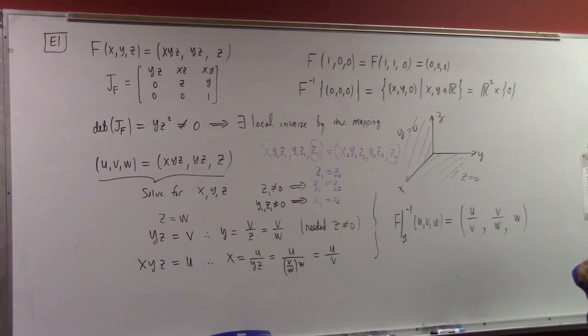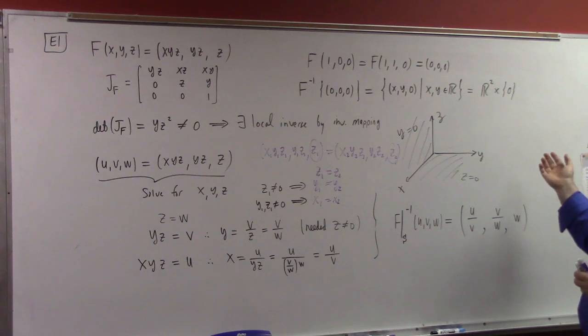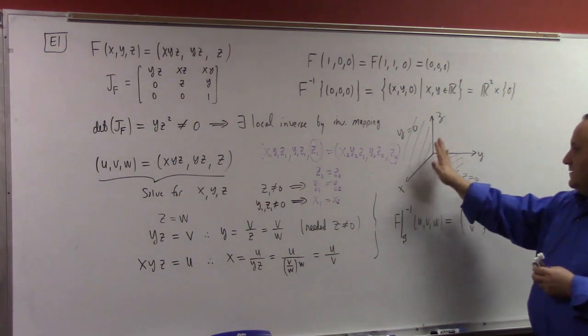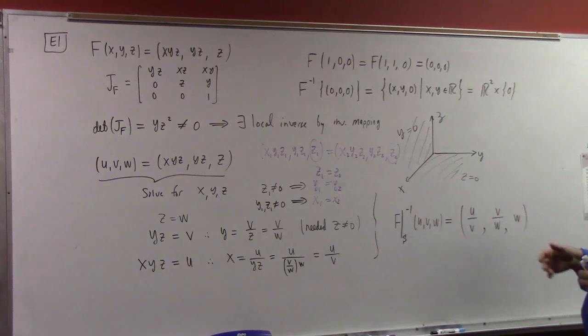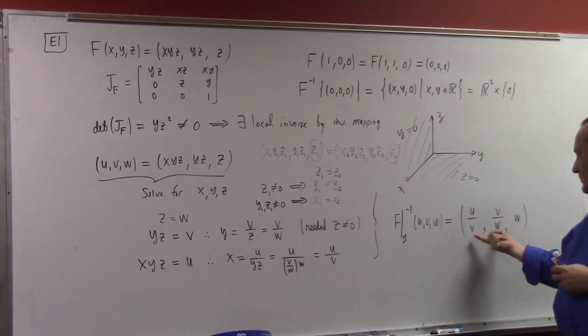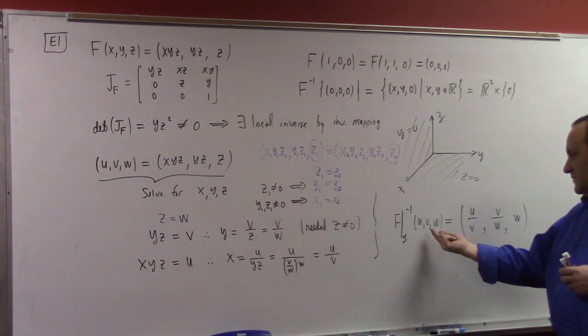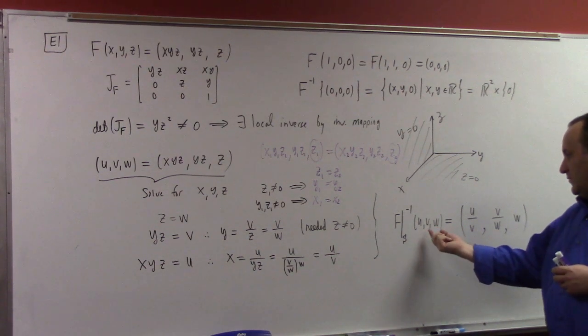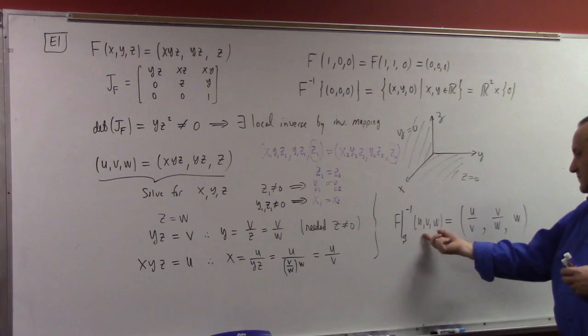I don't know, I'm inclined to think that this is the inverse for f restricted to S, where S is just all of R3 modulo the xz and the xy coordinate planes. That makes sense because these formulas require division by the y or the z coordinate.